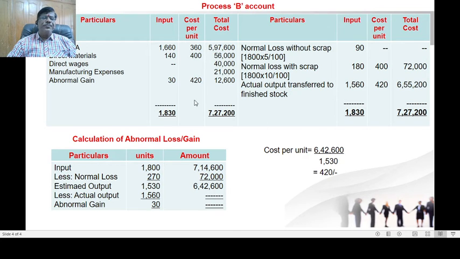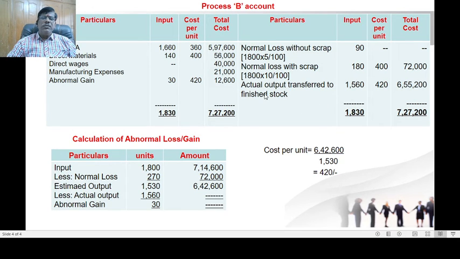Now you can multiply with the abnormal gain. Abnormal gain you have to write on the debit side of the process account. Suppose it is abnormal loss, you have to write on the credit side of the process account. Here abnormal gain 30 units, rate is 420, 30 into 420 you will get 12,600.